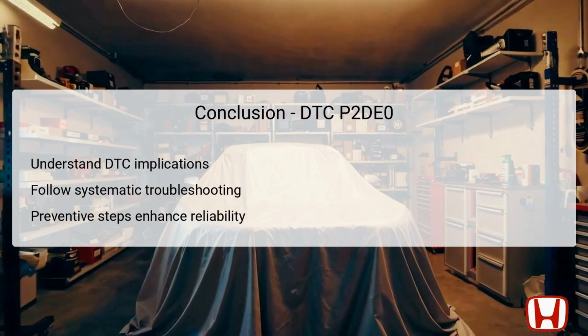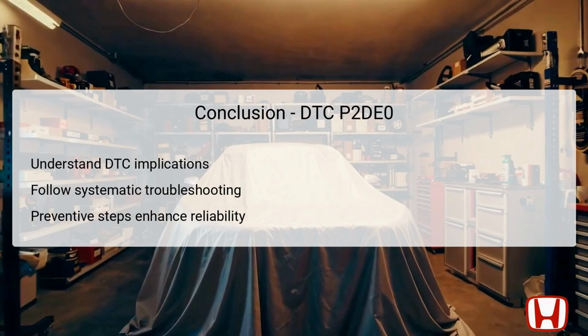In conclusion, understanding the implications of DTC P2DE0 is essential for maintaining your Honda CR-V. This code denotes a lean air-fuel ratio condition, which can adversely affect engine performance and emissions. It is crucial to approach troubleshooting methodically, starting with ensuring the engine's cool temperature and monitoring relevant sensor outputs.